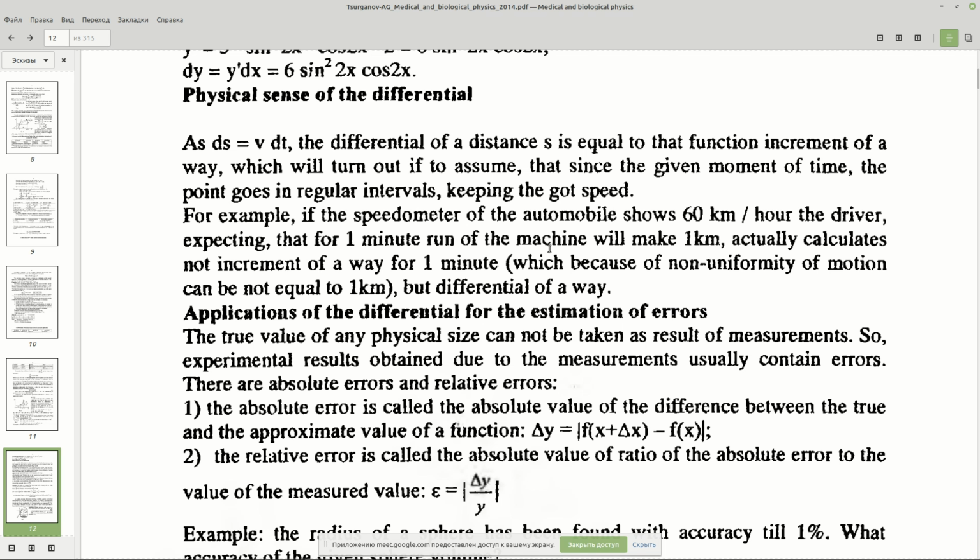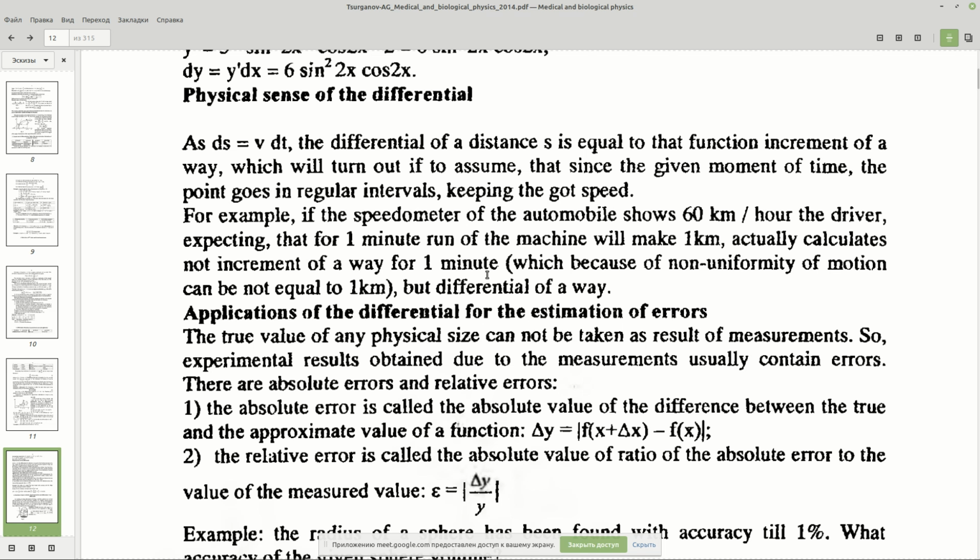Application of the differential for estimation of error. The true value of any physical quantity cannot be obtained as a result of measurements, so experimental results usually contain errors. There are absolute errors and relative errors.